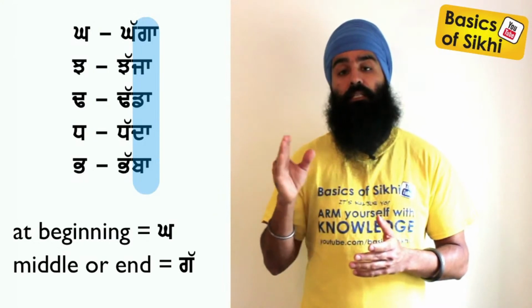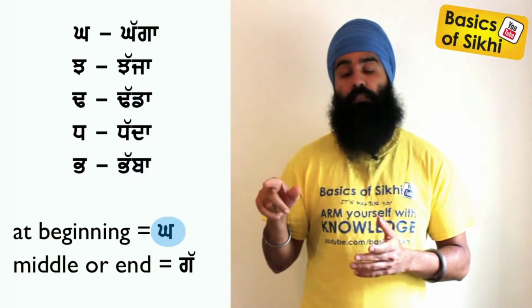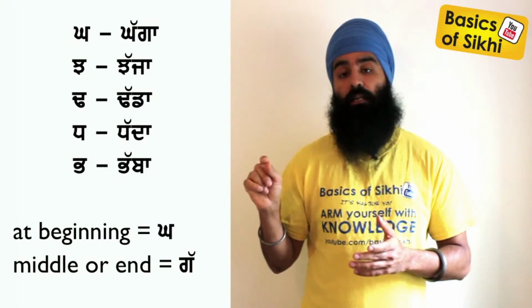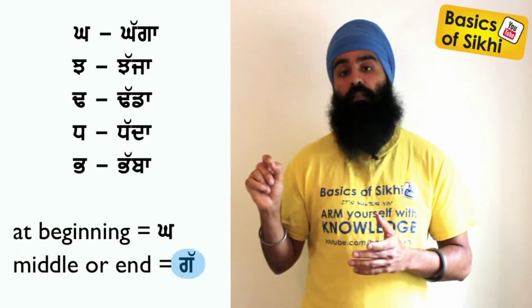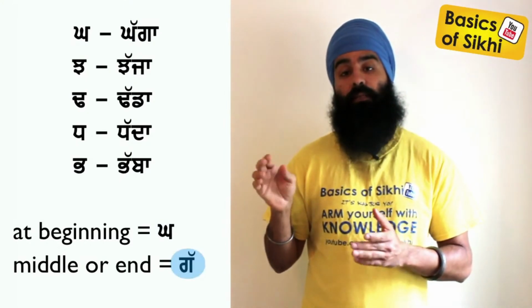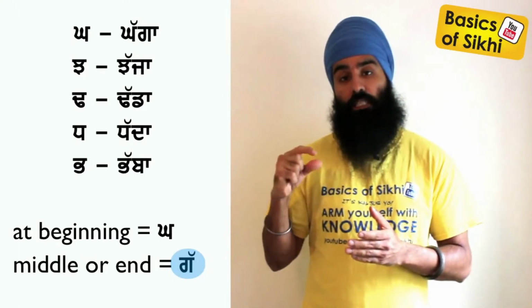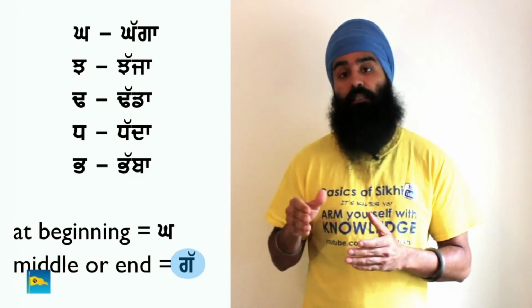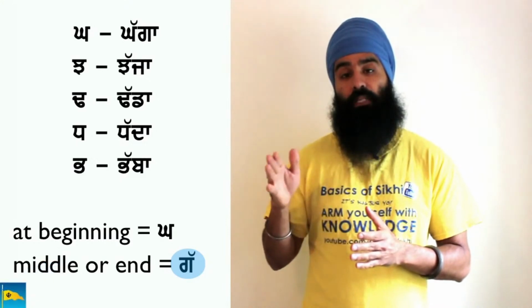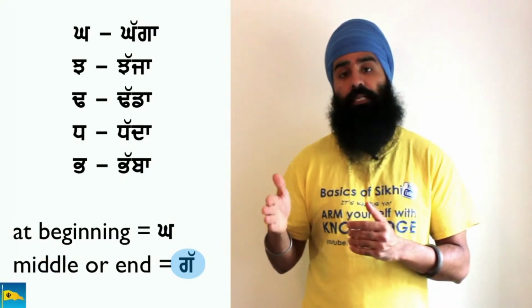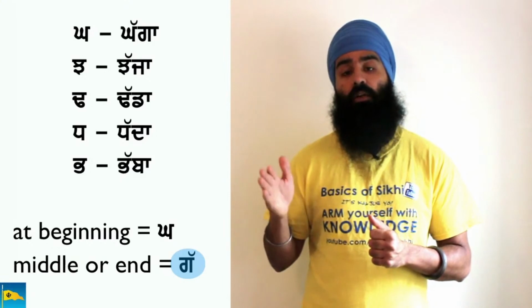You take the Gagga, which has got an adak, and you then pronounce the Gagga with an adak. We don't pronounce Gagga by itself, it's a little bit more emphasis, the Gagga with the adak. And what you end up getting in the middle of the word is the sound g, not k.